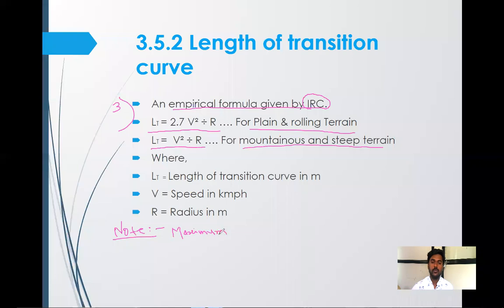Note: maximum of the above three is taken as the length of transition curve.